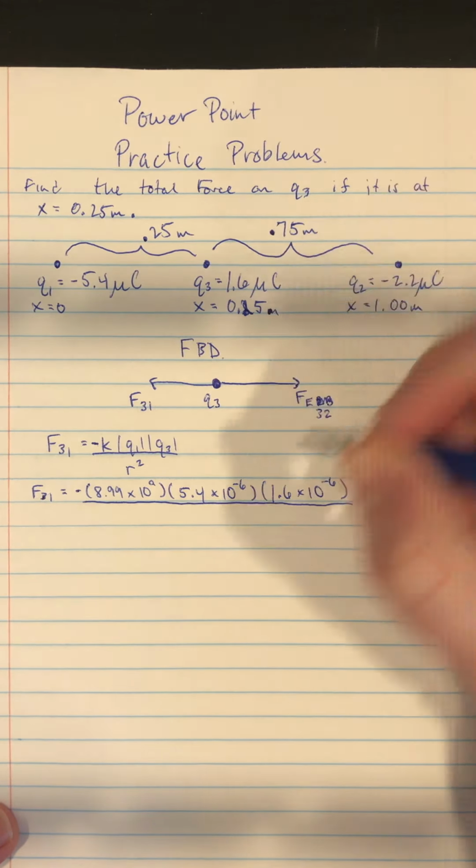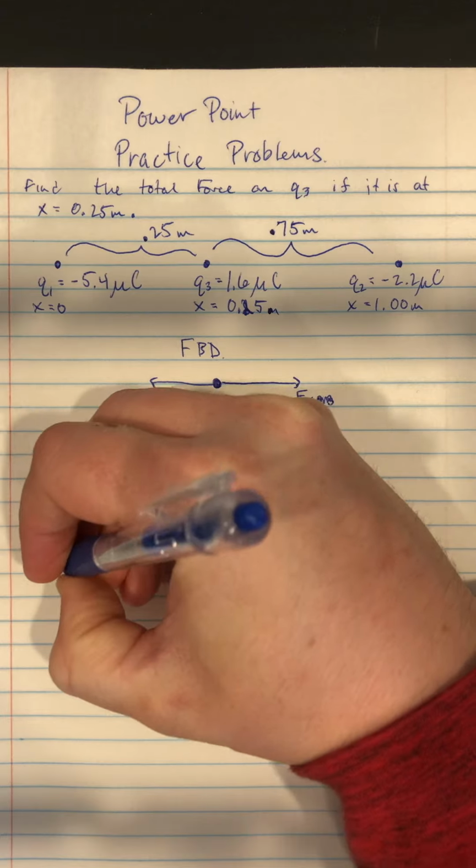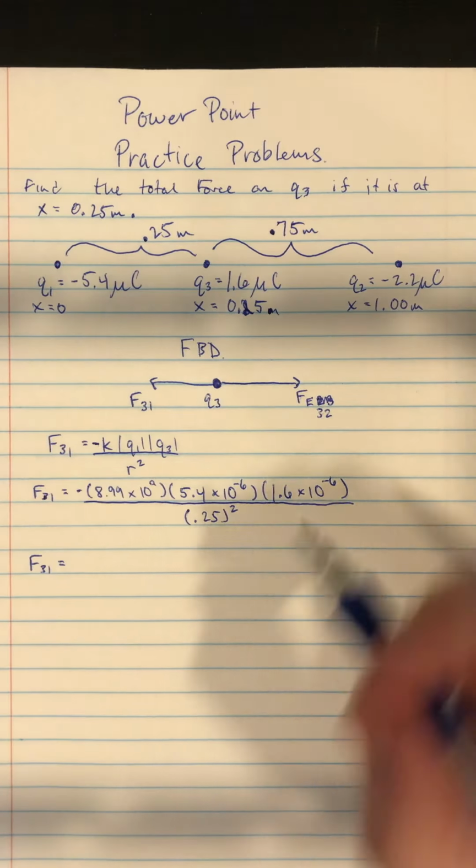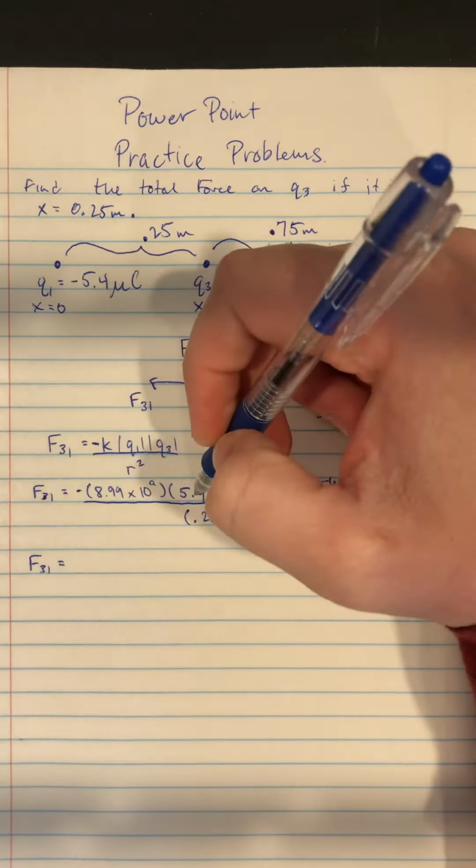All right, and now we're at the point where we're just doing some math on this. Depending on how you feel or what kind of calculator you have, you can plug all this into your calculator and be fine. If you don't have a scientific calculator, you could do it the step-by-step way. I'll show you that way. So we multiply all the front numbers first: the 8.99, the 5.4, and the 1.6. So 8.99 times 5.4 times 1.6 gives us negative 77.67.